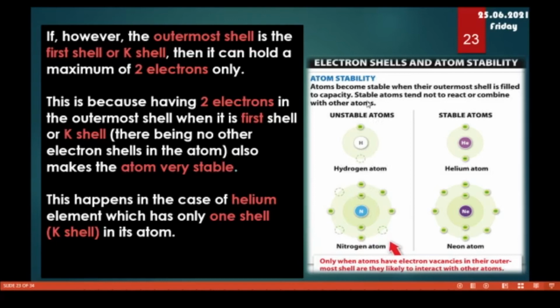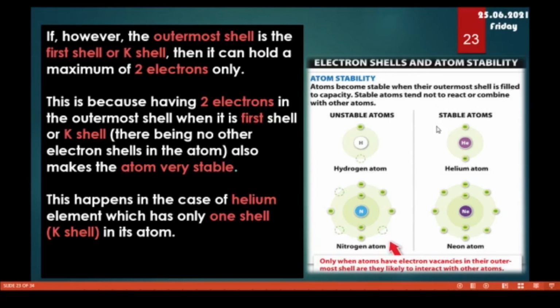Okay, so atoms become stable when their outermost shell is filled to capacity. So stable atoms tend not to react or combine with other atoms. However, if the outermost shell is the first shell or K shell, then it can hold a maximum of 2 electrons only, as I already told. Having 2 electrons in the first shell, with no other electron shell in the atom, also makes the atom very stable.